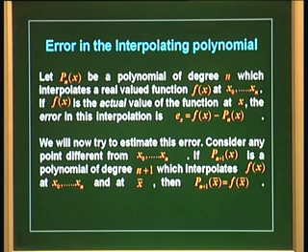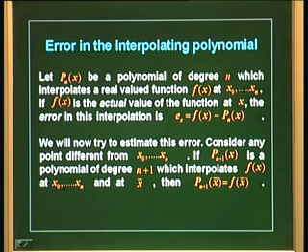So we saw this yesterday, that the polynomial Pn of x is a polynomial of degree n, which interpolates a real valued function f of x at x0, x1, x2, x3 up to xn. That is, the polynomial goes through all these points x0, x1, x2 up to xn.